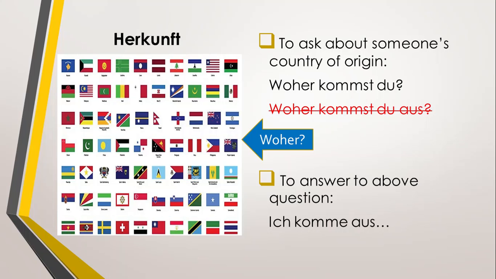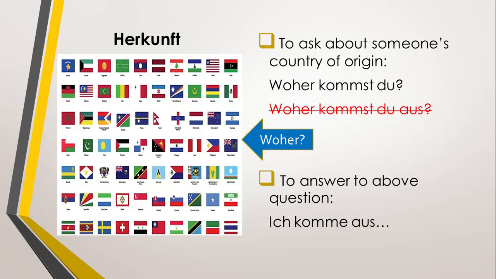But please note that you will never ask, woher kommst du aus? Why? Because the question woher already means from where, and grammatically it becomes incorrect even in English when you ask, from where are you from?